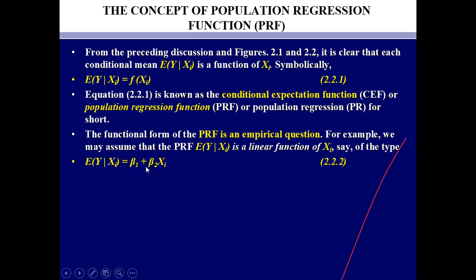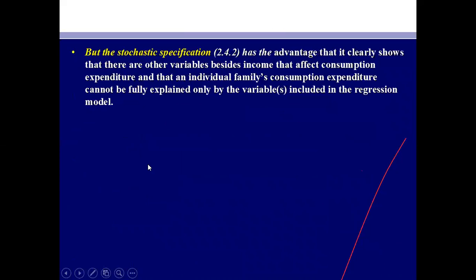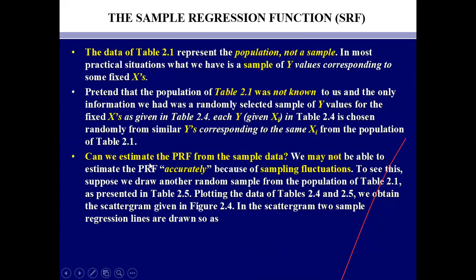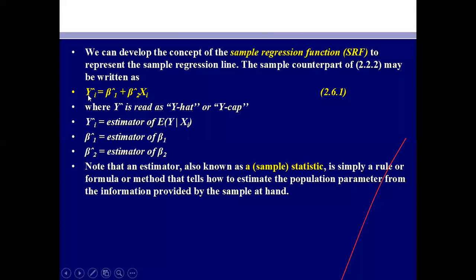So this is called PRF, and what we call SRF, like this, okay, this one. What we call the SRF is basically the sample counterpart of the PRF. In practical terminology, it is actually the SRF that we call our estimated econometric model or estimated regression model.